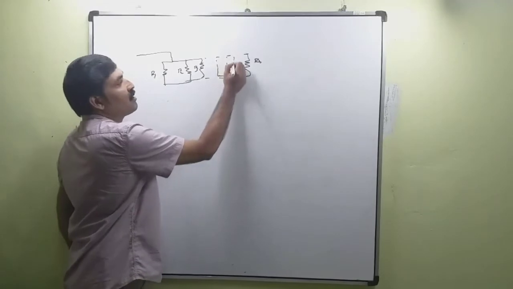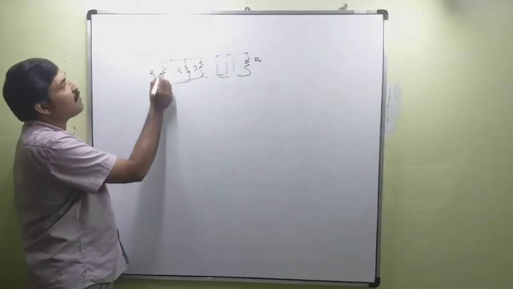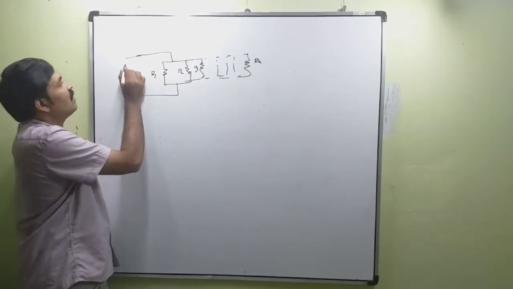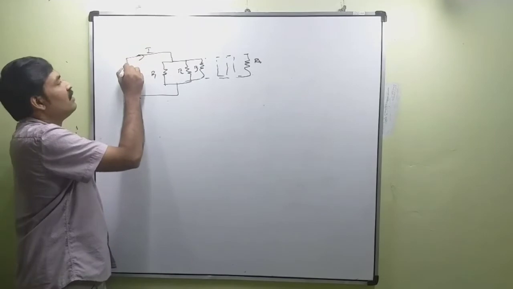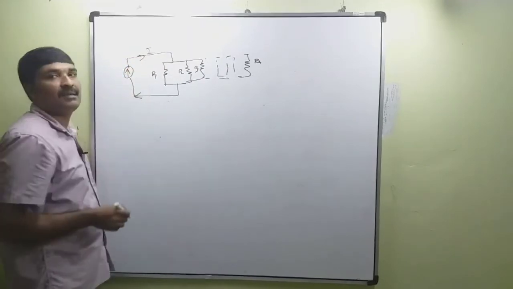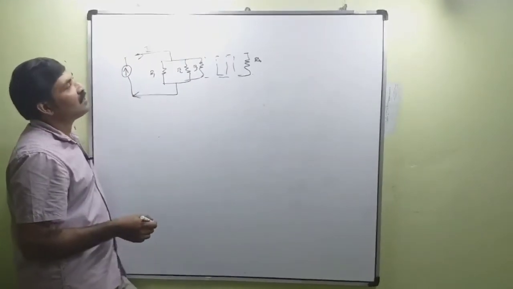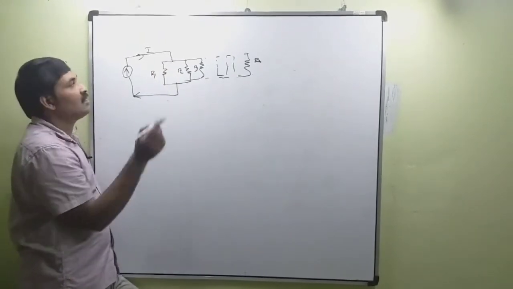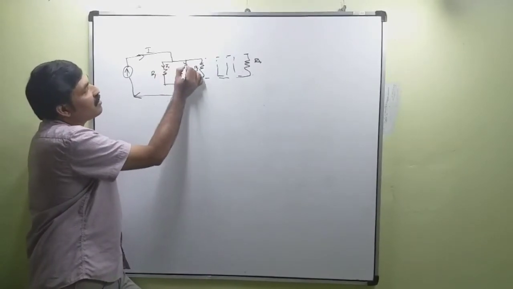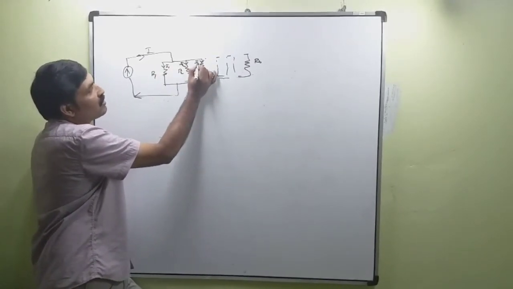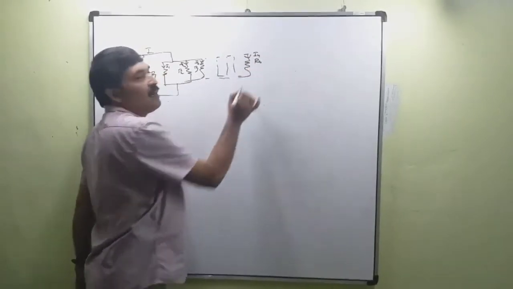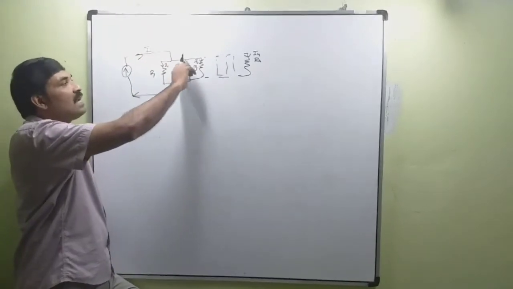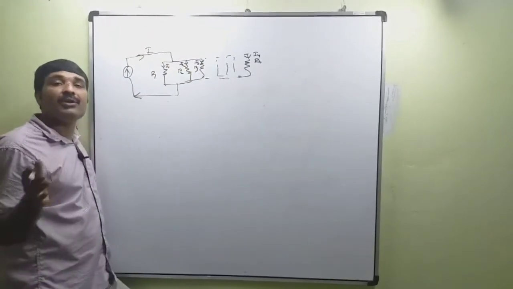Let I be the current coming through this combination; we have a current source having current I. Now what is the value of the equivalent resistance? Let the currents be I1, I2, I3 and In. This is a parallel connection, so the voltage across each resistance is the same.